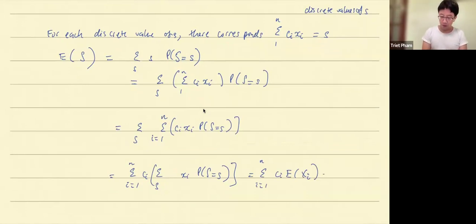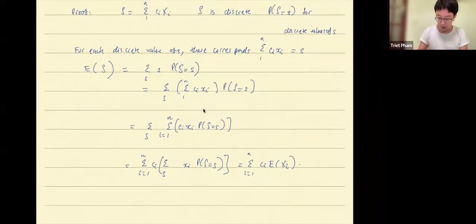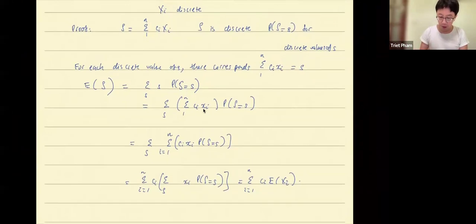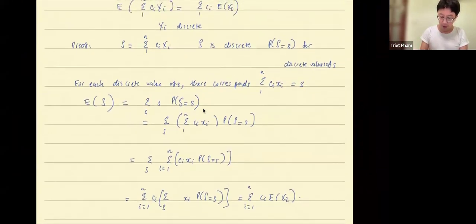Okay. So what I'm trying to say here is just to give you some clue on why expectation can be linear. And the linearity exactly comes from the fact that behind the scenes, there are some probabilities that work for all the Xis.